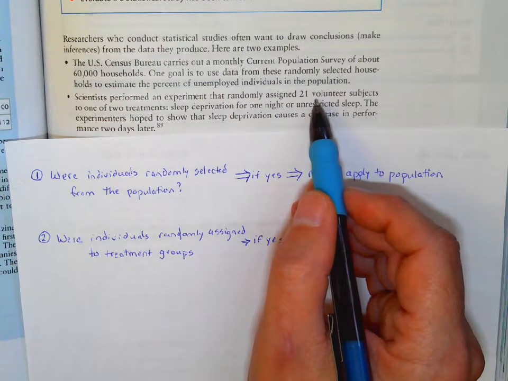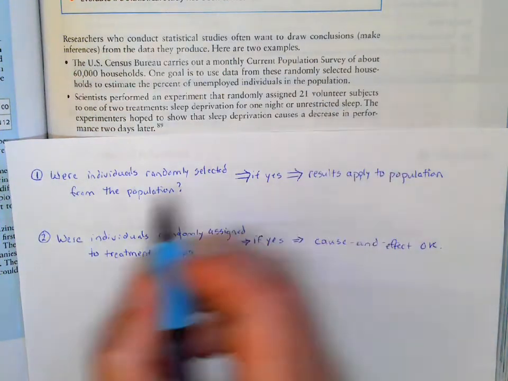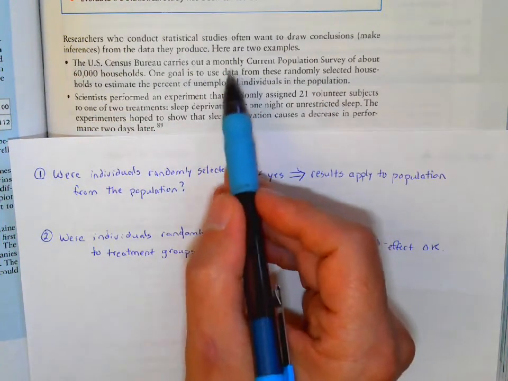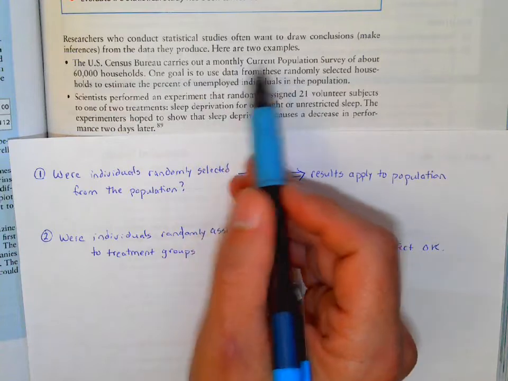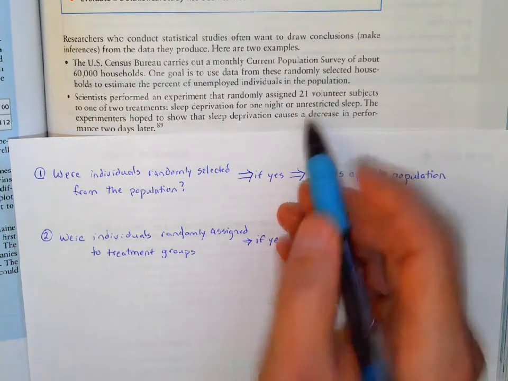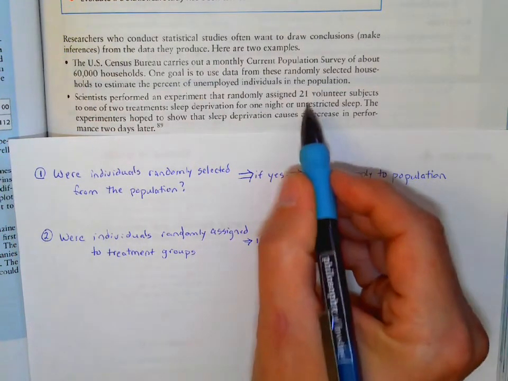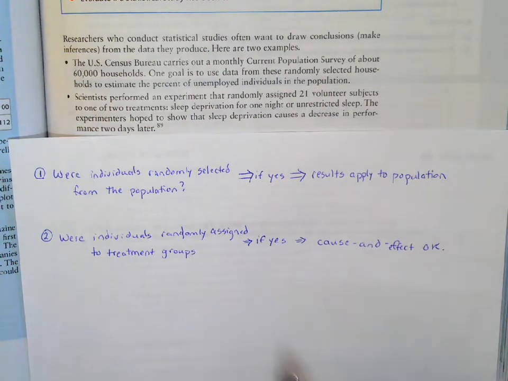Somebody that's more likely to volunteer might also be more likely to do something else. So in the first one, since it was taken from the whole population, I can apply it to the whole population. Here, my volunteers were not drawn from the whole population, so no, I cannot apply it to a population. I can only apply it to people like these volunteers.